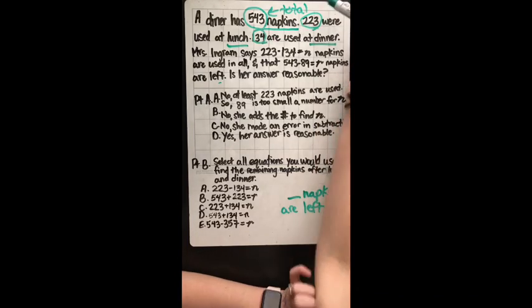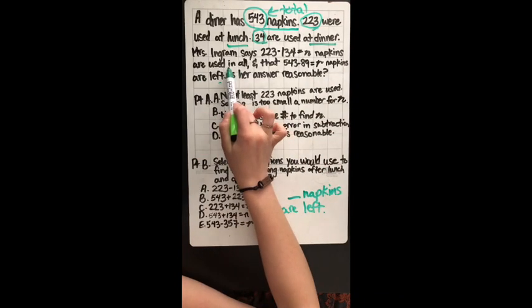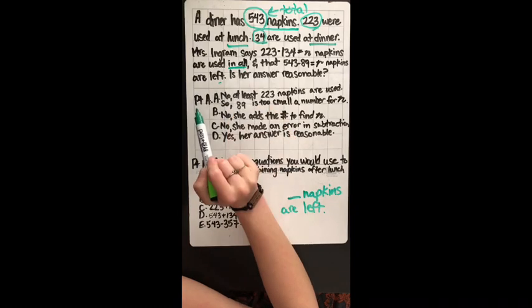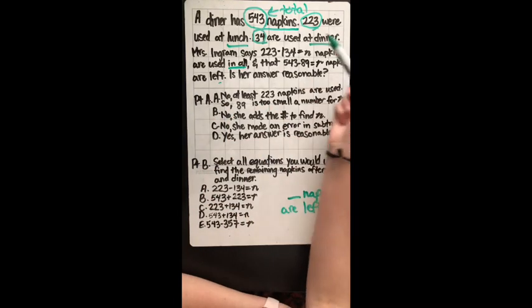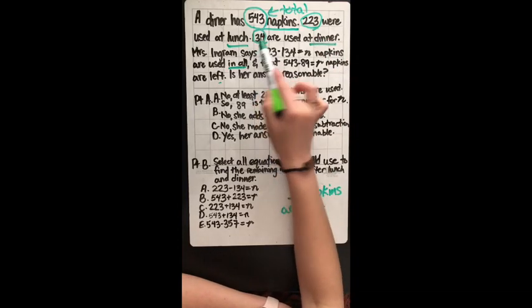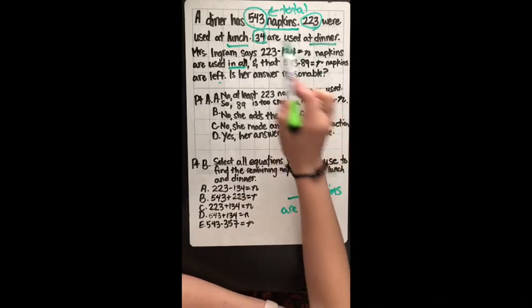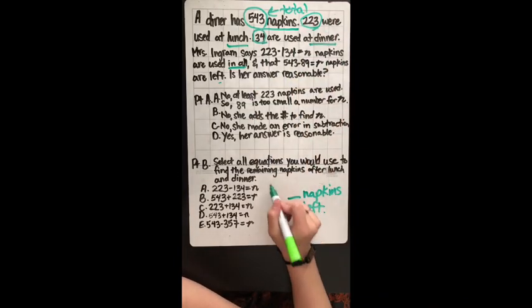So, if I'm trying to figure out how many are used in all, what operation usually helps us combine numbers to figure out how many in all? That would be addition. So I know that my first step to solve this would really be 134 plus 223.